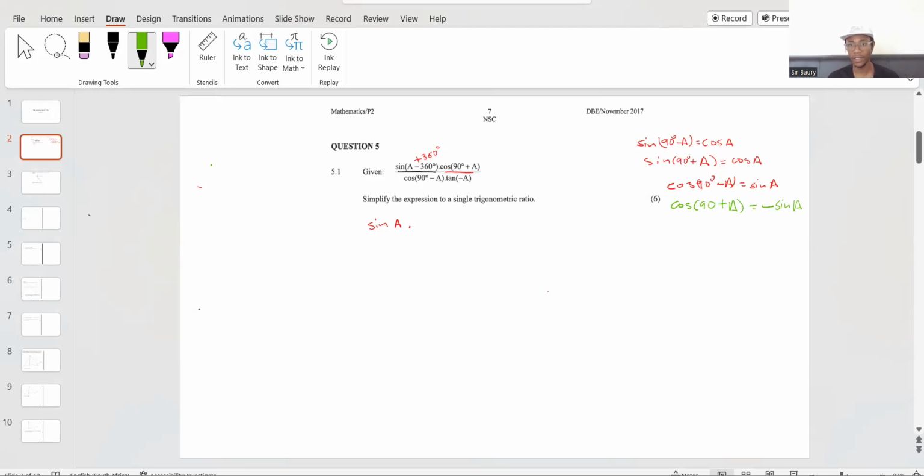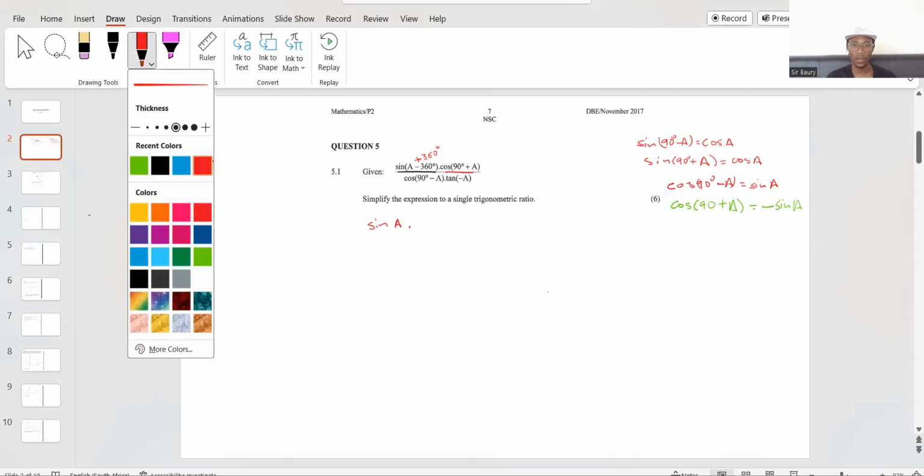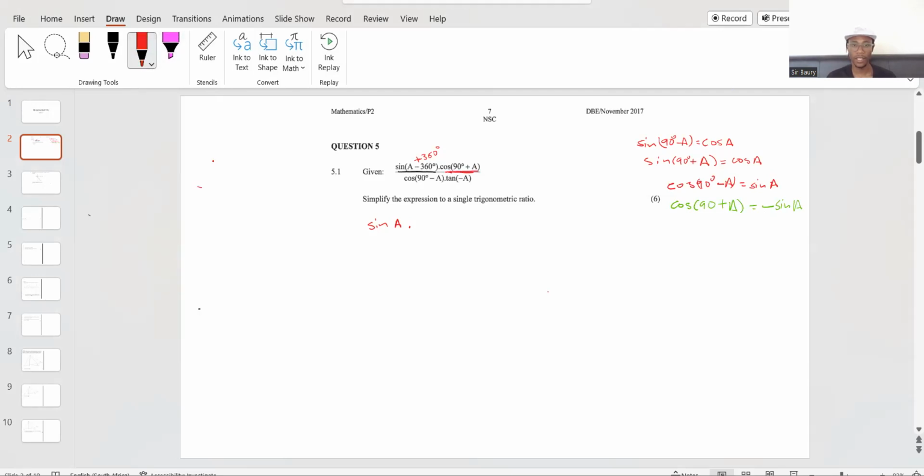You have 90 plus A, it's going to be a negative sine A. So everything else on the cofunctions is positive. So when I change cos (A plus 90 degrees), it's going to give me negative sine A all over cos (90 degrees minus A). Cos (90 degrees minus A) is the same as sine A.